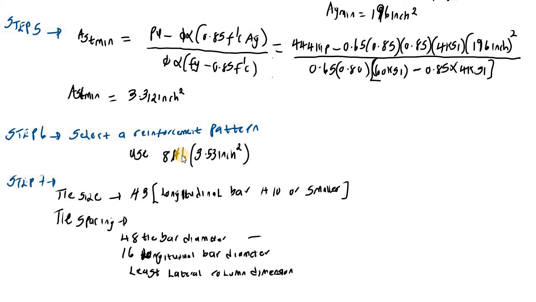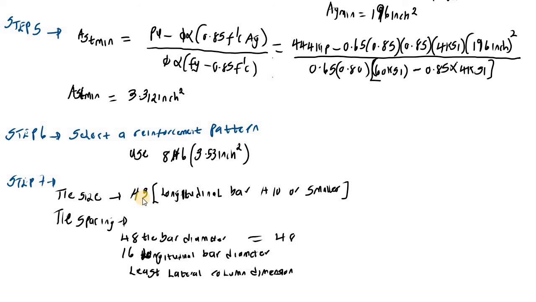So let's take a look at the first one. 48 multiplied by the tie bar diameter. So what is the diameter of the tie? As you can see, it is number 3. Because it is number 3, you need to divide this by 8. If the tie size is greater than number 8, then you just need to take the diameter of the bar.